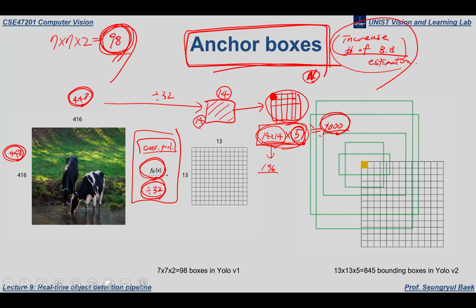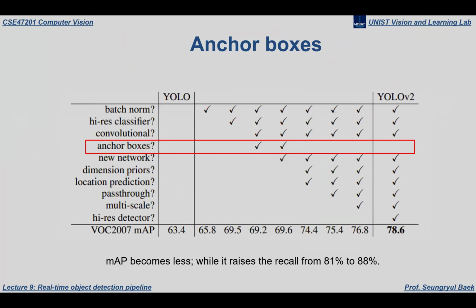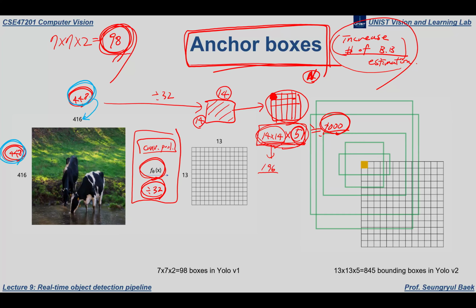And sometimes this makes you confused, but instead of using the original dimensional inputs, they are reducing this dimension to 416 by 416 because they just want to get an odd number of feature map.